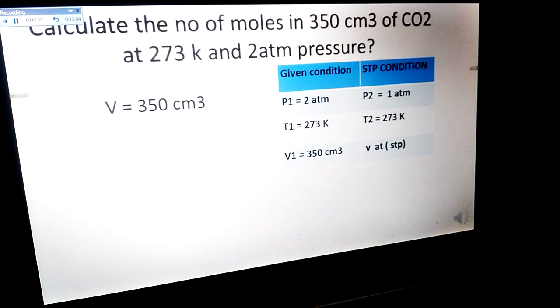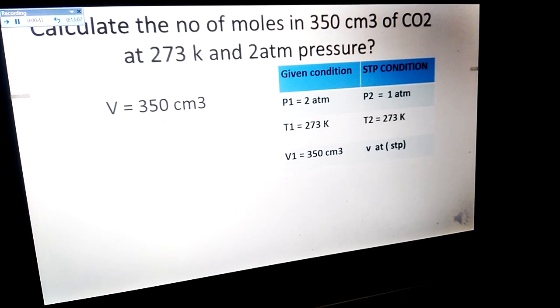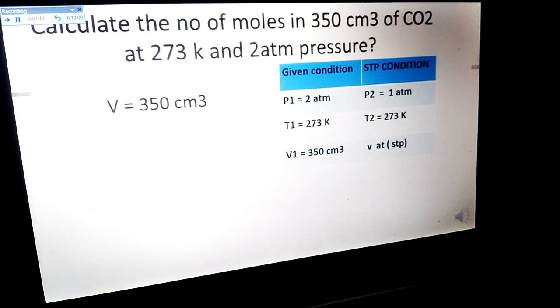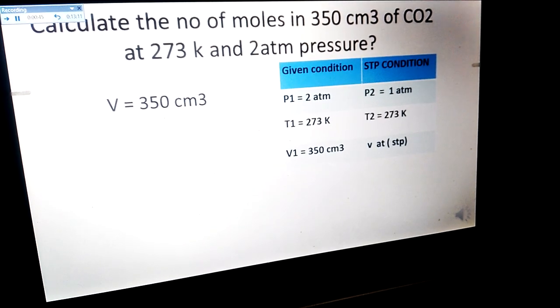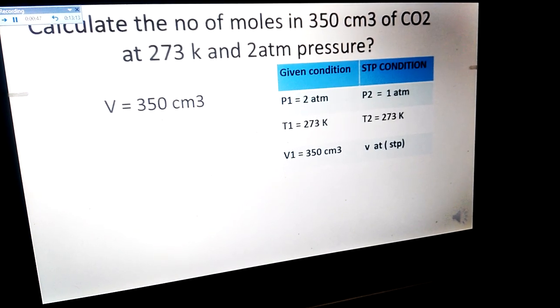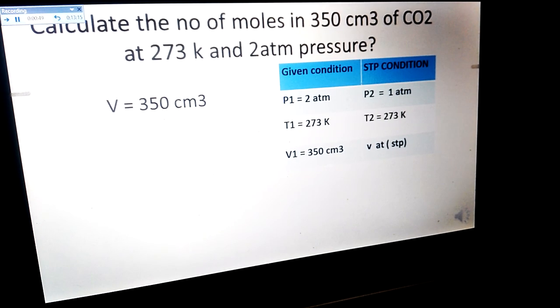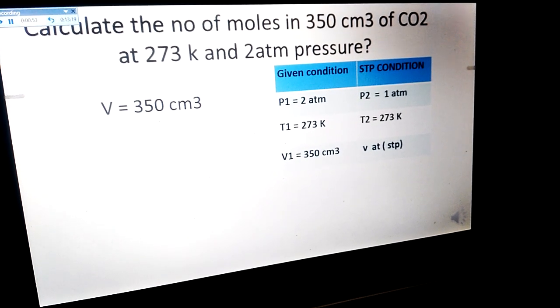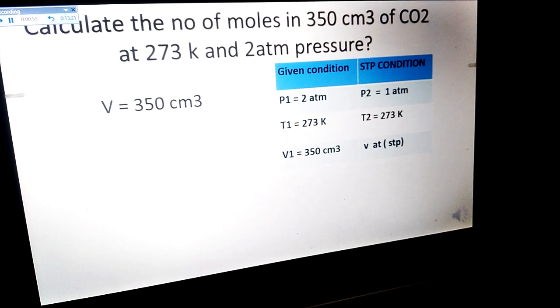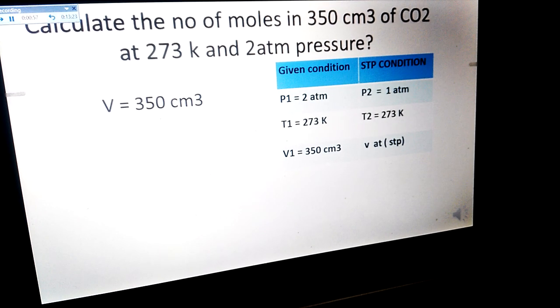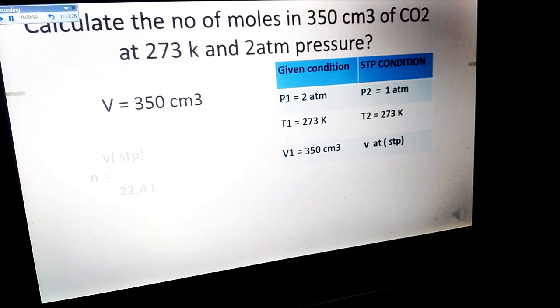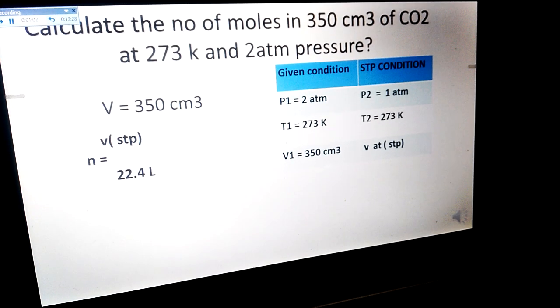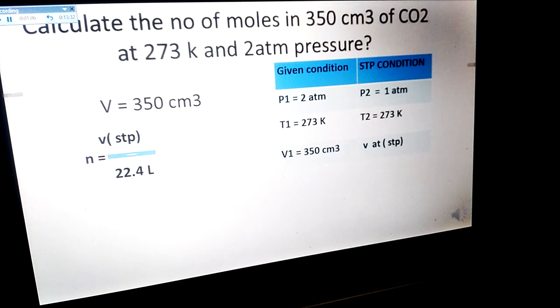P1 is equal to 2 atmosphere, T1 is equal to 273 Kelvin and V1 is equal to 350 cm cube. At STP condition, P2 is equal to 1 atmosphere, T2 is equal to 273 Kelvin and V is required at STP. So number of moles is equal to V at STP divided by 22.4 liter.